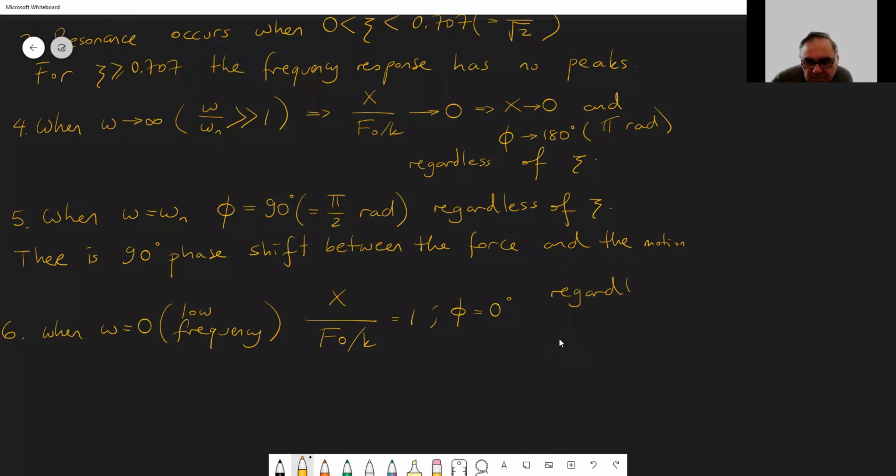Again, regardless of the damping value zeta. Okay. All of our curves start at 1 and all of our curves go to 0 at high values. So these are the observations we have.